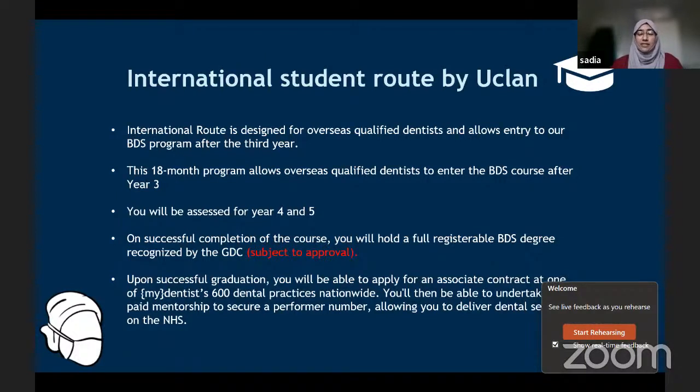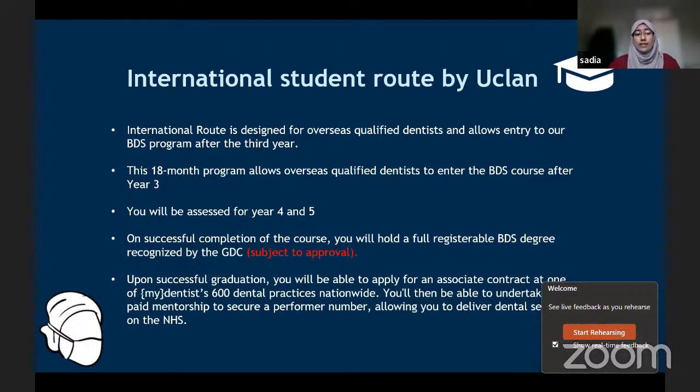However, this route has not been subjected to approval. It has still not been officially claimed by the GDC that this is a correct route, and they have not given any approval on this. This is one of the talked-about routes that people are interested in, but I think it is also going to cost you a lot.